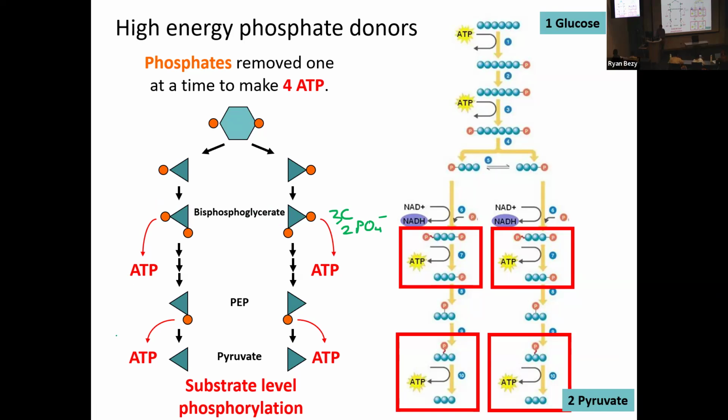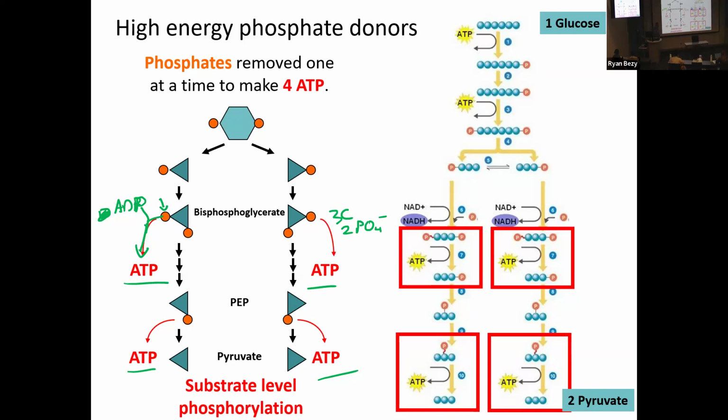This phosphate, you have adenosine diphosphate, this phosphate gets clipped off and added onto adenosine diphosphate to make adenosine triphosphate. But you're doing that process here, here, here, and here. So how many total ATPs am I making? 1, 2, 3, 4. So I'm making 4 ATPs towards the end of glycolysis.